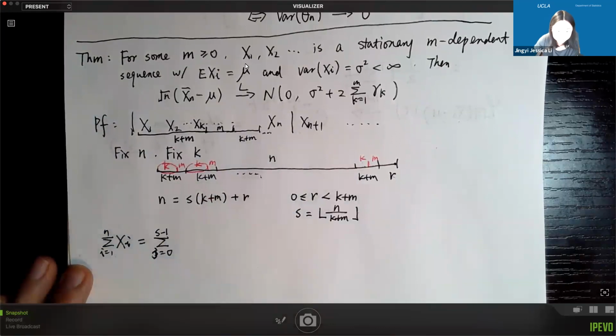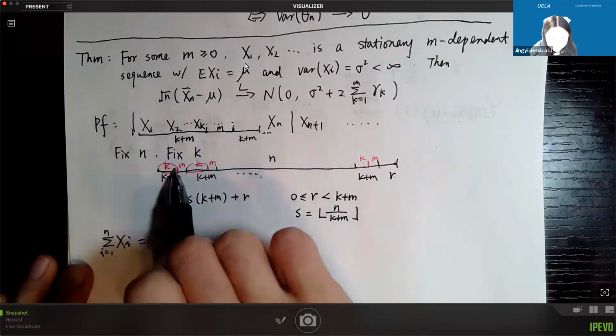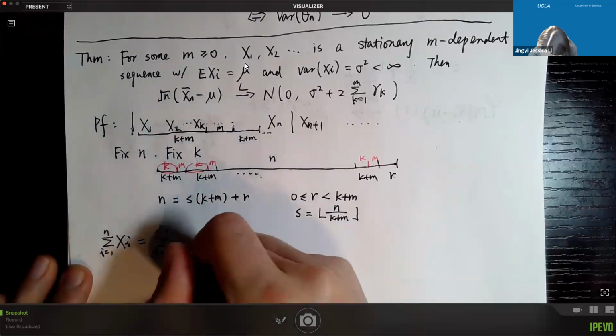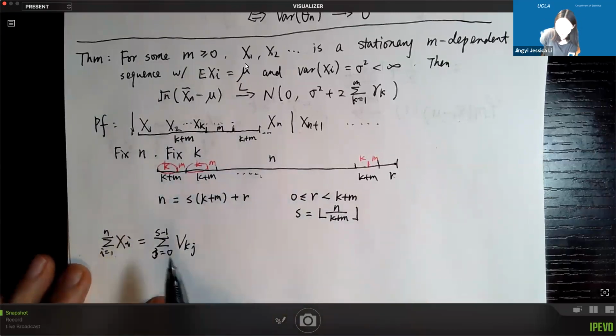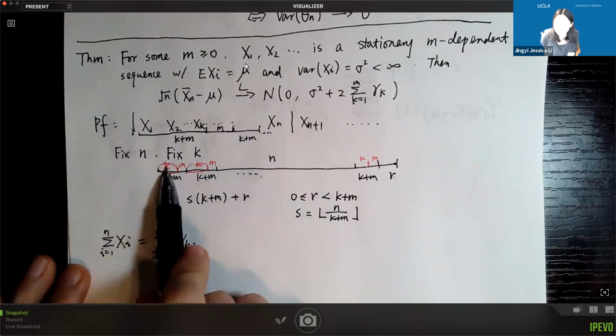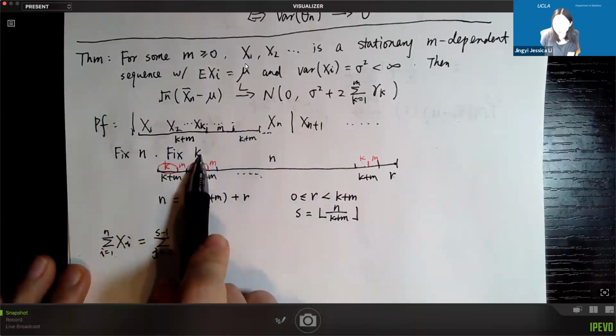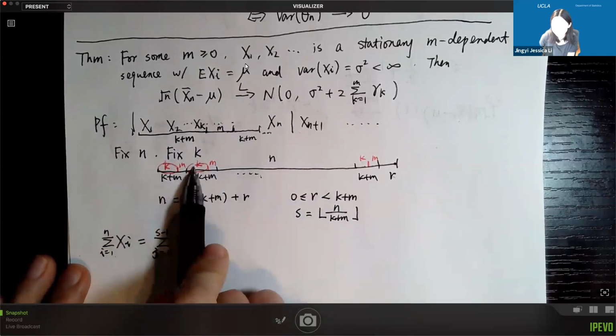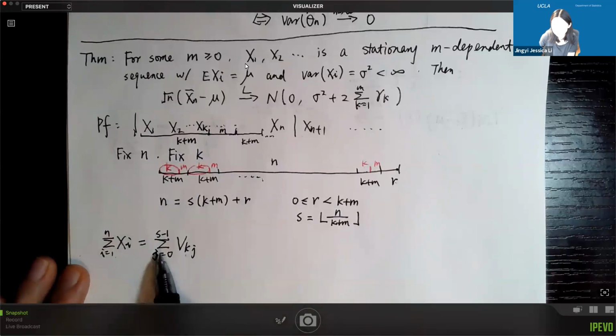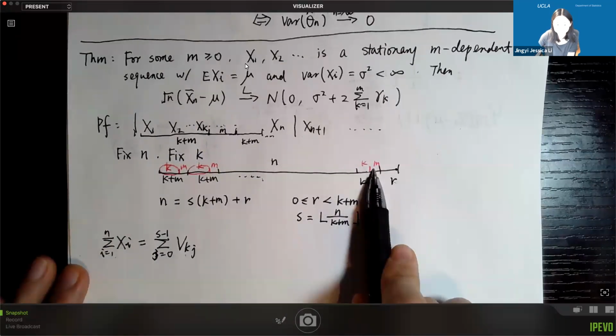That doesn't matter that much. And here, I define the partial sum for this one as v_kj. The reason I have k here is that k indicates the length of this segment, which I can vary. I arbitrarily set k, so k must be here. And j indicates which segment you're referring to: 0, 1, 2, up to s minus 1.